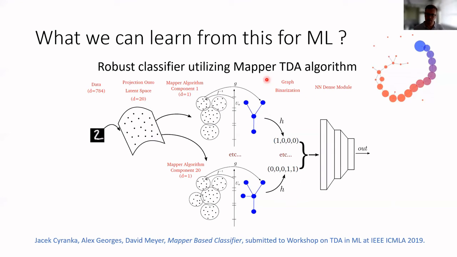This is different because in a neural network you get numbers for each data point in each layer, and here you get a graph representation, so it's binary. You put a 1 if the given point is in the given cluster. And then let's classify as usual, using a dense neural network.